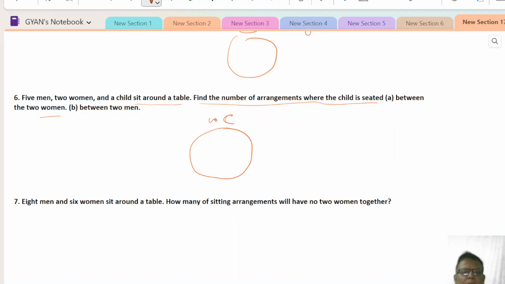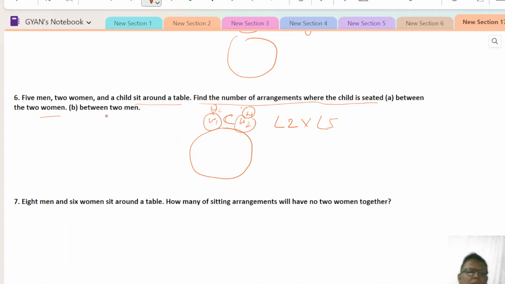So 2 women W1, W2, either they can sit here or sit here, exchanging places like W2, W1. So this will be factorial 2. So how many places are there? Places are for the 5 men. So the answer will be factorial 2 into factorial 5.